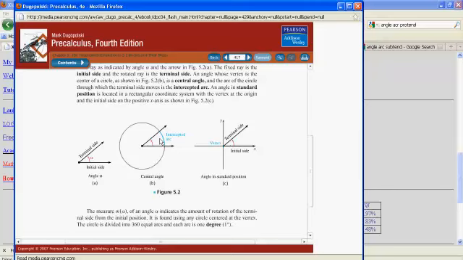So the radian measure is just a real number without any dimension. So if you have the intercepted arc with the length 1, then this angle has the radian 1.